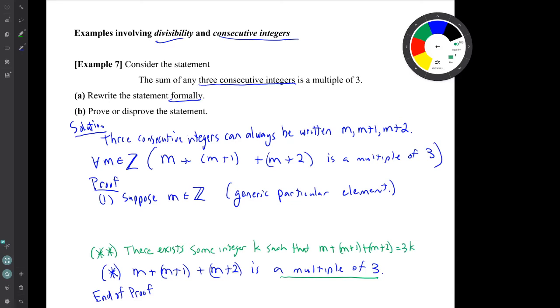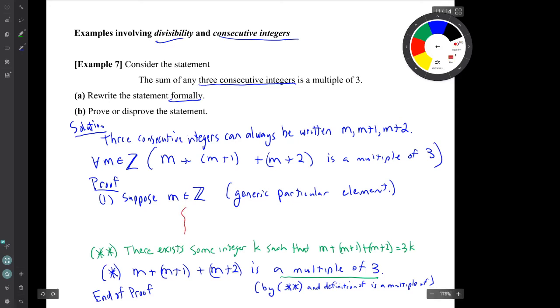And furthermore, we know that the justification for the final statement is going to be by the previous statement and the definition of the words "is a multiple of." All right, so that's another part of our proof structure that we have no choice about.